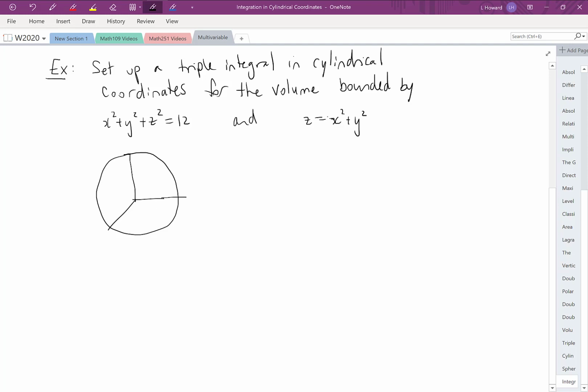And then second surface, z equals x squared plus y squared. That's a paraboloid, vertex at the origin and opening upwards. So we've got that sort of a shape for our paraboloid. And we're talking about the volume that is bounded between these two surfaces. So this three-dimensional region here that's sitting under the sphere, but above our paraboloid.